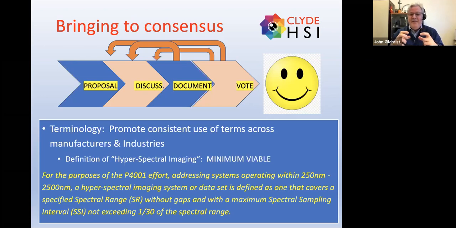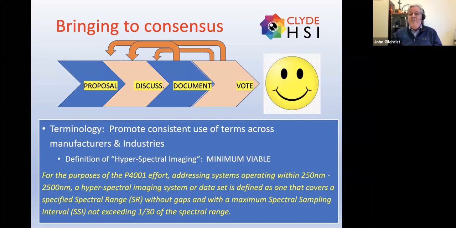That to actually define the core thing that we are talking about took 2 years of proposals, discussions, documentation, reiteration of all of this, coming to a vote, changing that because we didn't like the outcome and it wasn't correct, and we then went back and discussed again and redocumented and revoted. You know, you can see the gray hair. I'm actually only 35, but you know, this is 2 years of gray hair because of the definition of hyperspectral imaging.